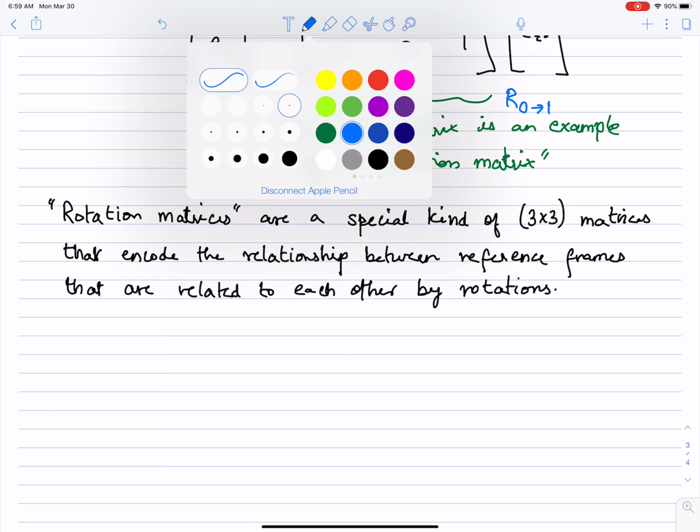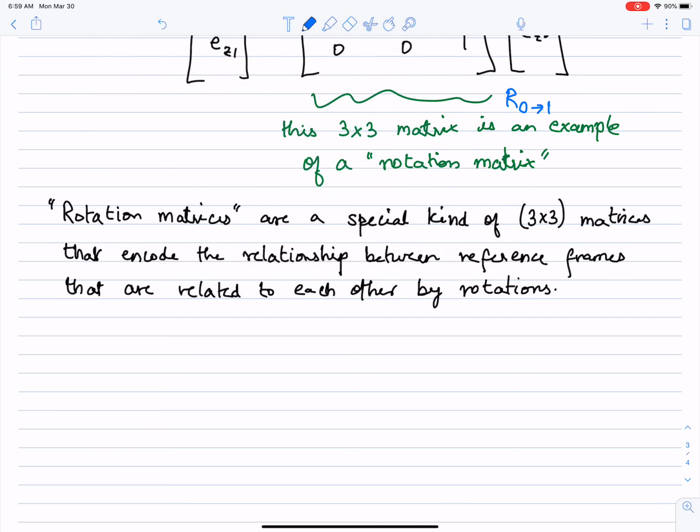So let me just write that notation down. Our notation. This is by no means universal.